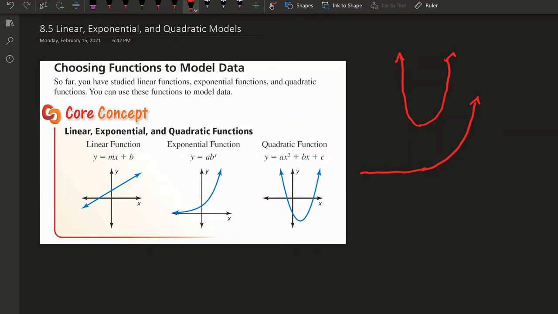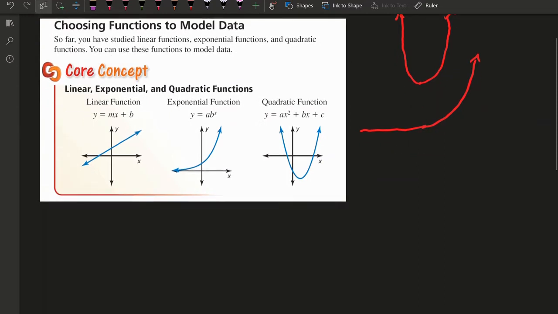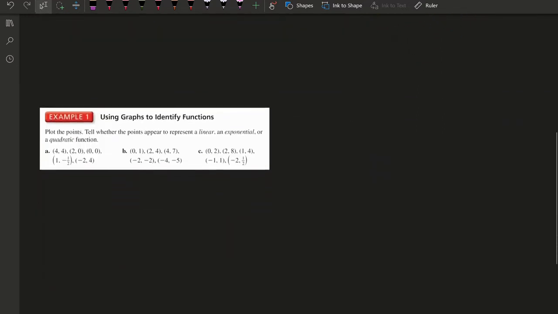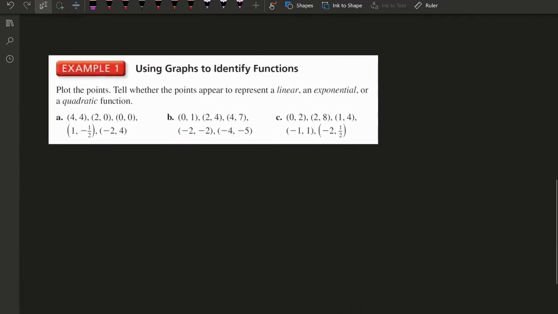So we are going to use technology today to answer the question, which of these would be the most appropriate? We're going to use graphs to identify functions, plot the points and tell whether the points appear to represent a linear, exponential, or quadratic function.